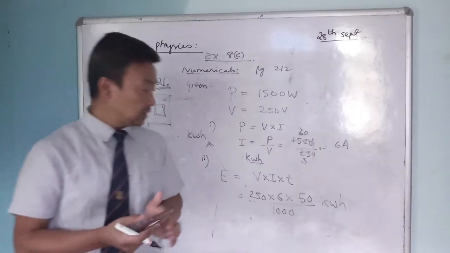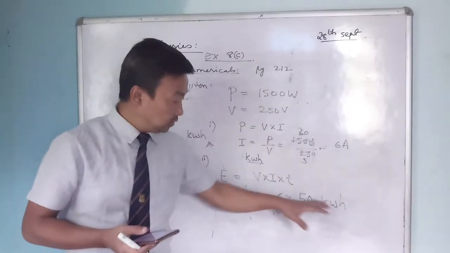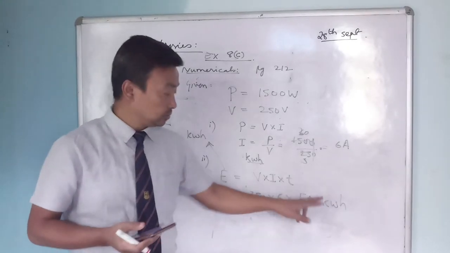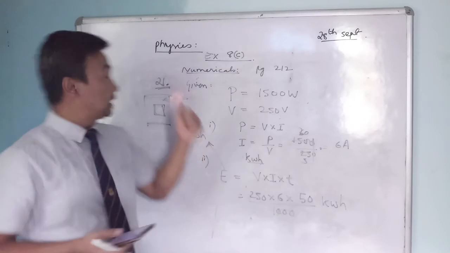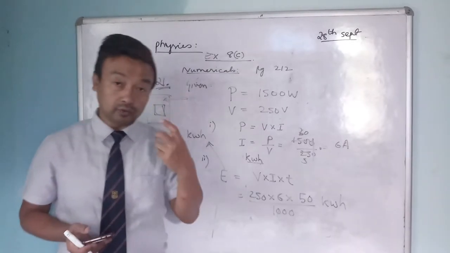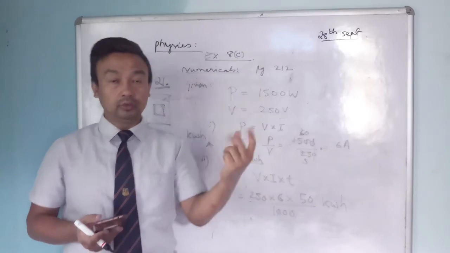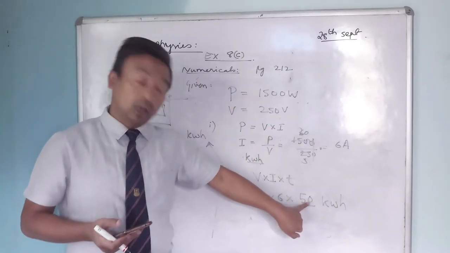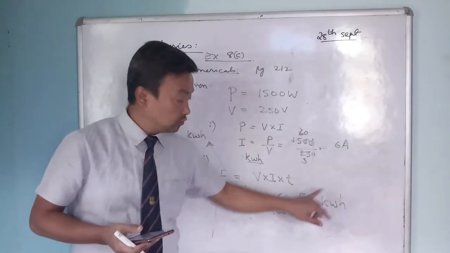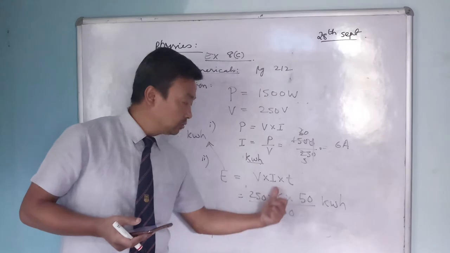Now you must be asking why we have to divide by 1000. Because in order to find how much energy is consumed by this geyser, we have to take into account the commercial unit, which is kilowatt hour. Time we have kept in hours only, 50 hours. We have not changed into minutes or seconds. But this part is in SI unit, watt.